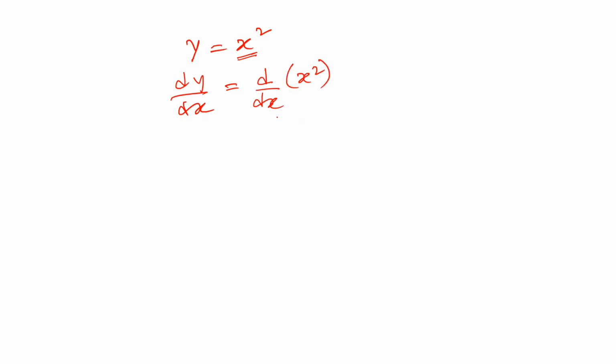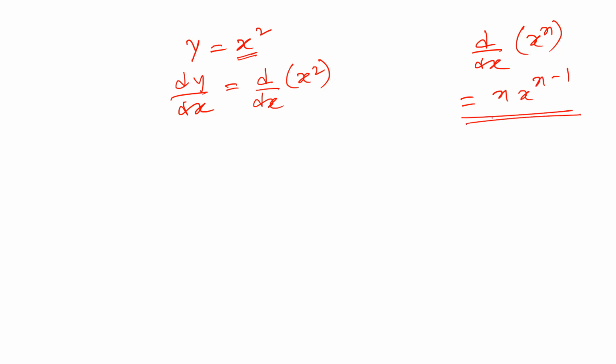Okay. So how to find out that? We don't know how to calculate for this function. So for that we have a formula that d dx of x to the power of n, the change in the function x to the power n, is equal to n into x to the power of n minus 1. So here is the given formula.